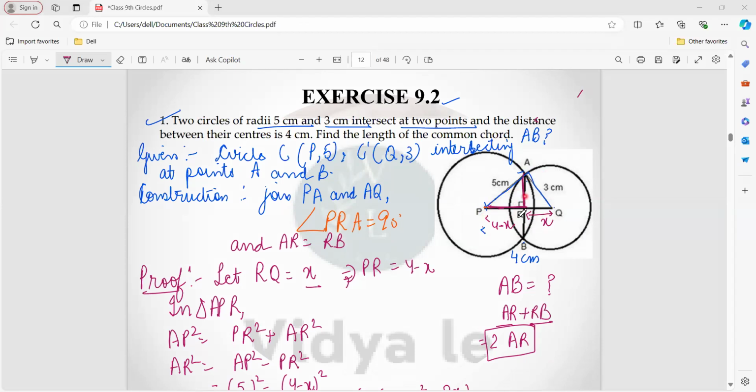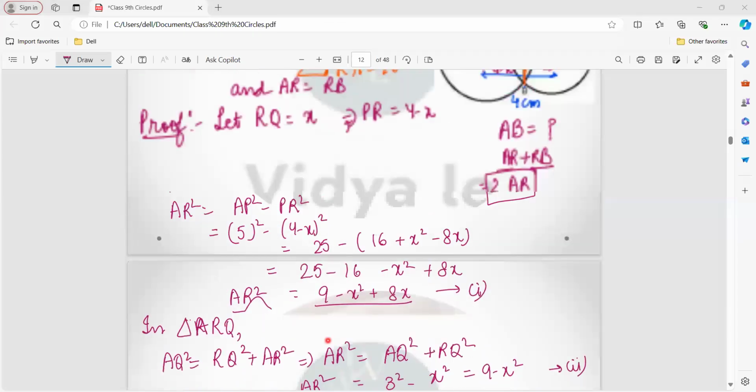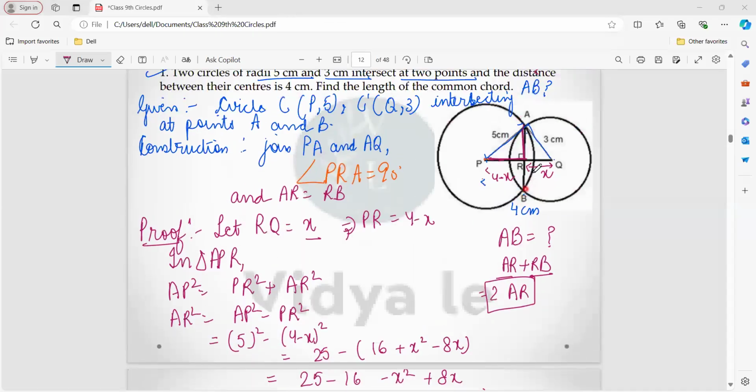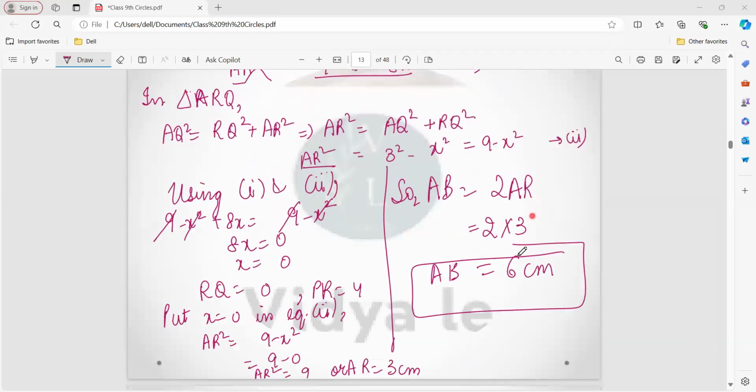So this is making a right angle, and this is making a right angle. Using the two right angles, we found the value of AR. Equating that value of AR, we got the value of x. Substituting that value of x in either of the two equations, we got the value of AR. Now, as AB is equal to 2 times AR, AB is 2 times 3, that is 6 centimeter.